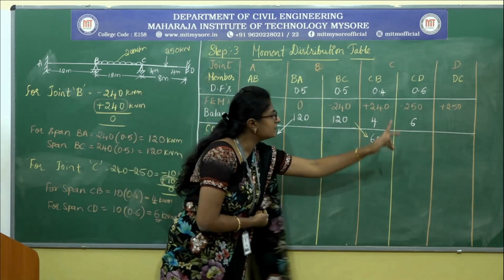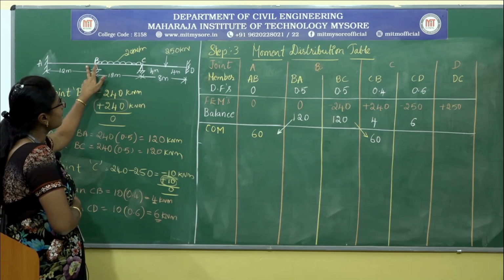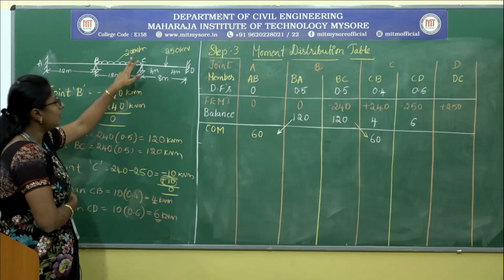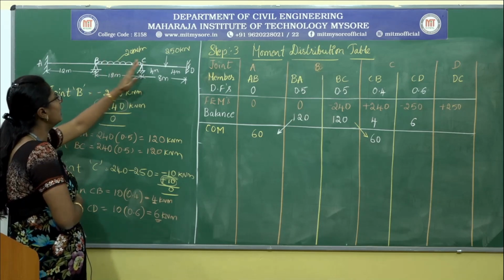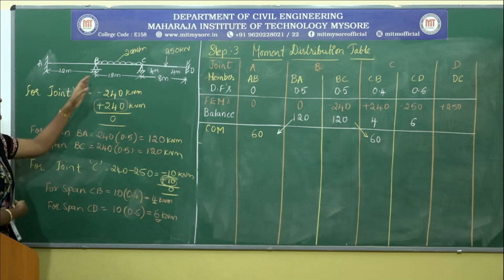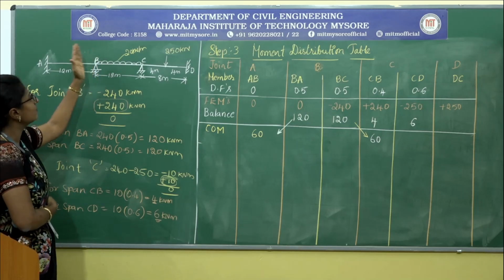Then, for span CB, the applied moment is 4 kilonewton plus, and half of this 4 is transferred to the other end B, since the end B is fixed.